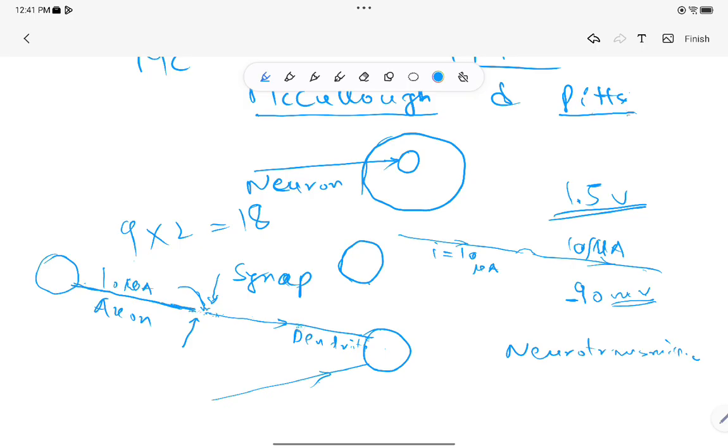Now, it depends not only upon the amount of neurotransmitter secreted, it also depends upon the nature of the neurotransmitter. Our brain does not use just one type of neurotransmitter. There are many types, and different neurotransmitters have different effects on these fibers. So, what is the fun of using this?